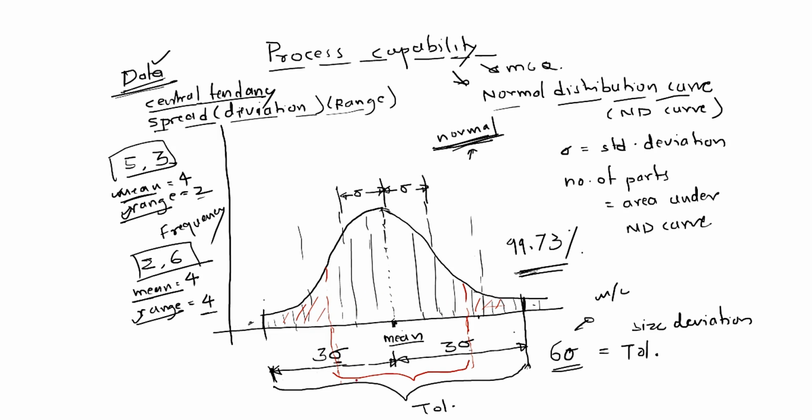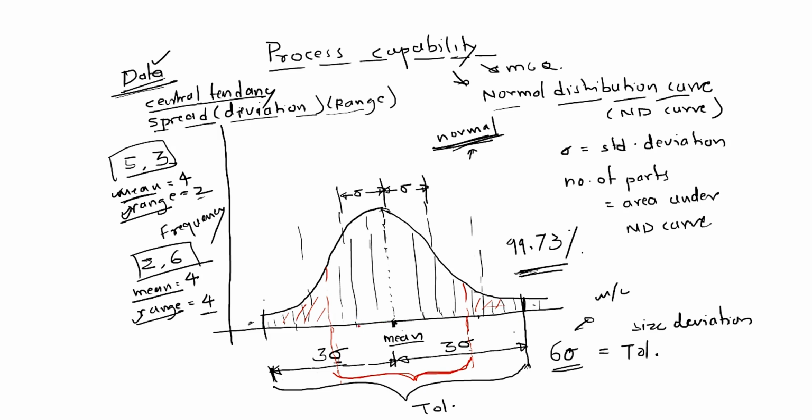So this is the case where the tolerance is very precise, but the process capability value is very high. So this particular machine is not suitable for manufacturing such a precise tolerance. This machine is not useful for producing such a small tolerance.